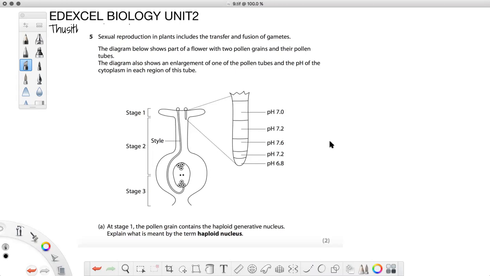Maybe this is the one, and this is the second one. The diagram also shows an enlargement of one of the pollen tubes and the pH of the cytoplasm in each region of the tube. So here is part of the cytoplasm of this pollen tube, and the pH is 7, 7.2, 7.6, 7.2, 6.8.